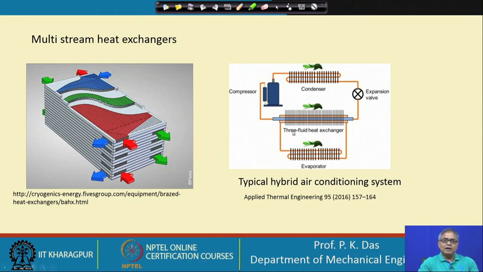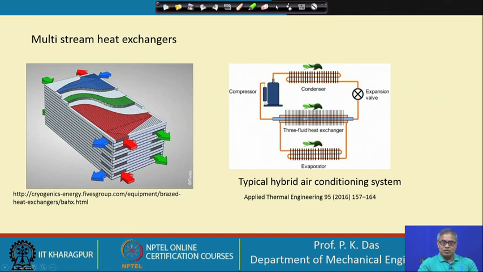Then on the right hand side we have one example which could be a hybrid air conditioning system, and in that you can see that centrally there is one heat exchanger where 2 fluids are there. It is a 2 fluid type or double tube type of heat exchanger, but at the periphery there are fins. That means on the periphery we can pass air.